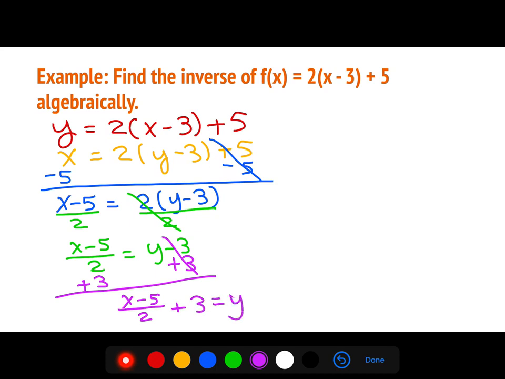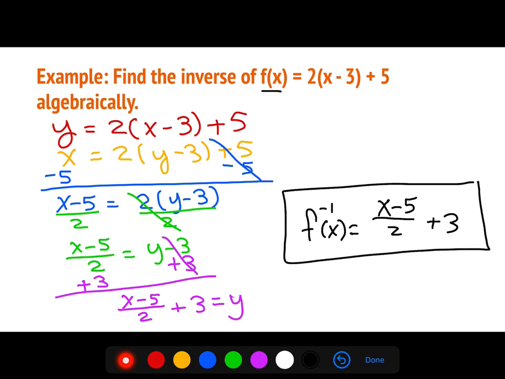So I get x minus 5 over 2 plus 3 equals y. And then the last thing I do is I write the answer, replacing y with f inverse, because this is the inverse of f. And then I write my answer, x minus 5 over 2 plus 3.